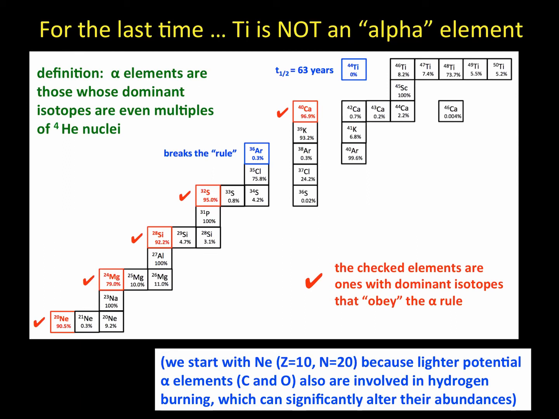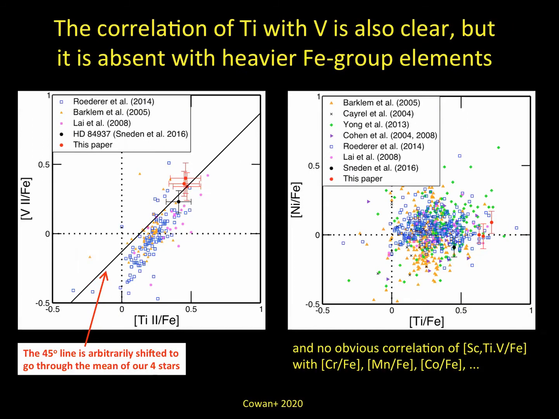Titanium is element 22. 2 times 22 is 44. It doesn't exist. Well, it exists for 63 years. The dominant titanium isotope is 48. Titanium is not an alpha element. The reason it was called that is that it's overabundant many times in metal poor stars, just like calcium is, just like sulfur and silicon are. So we all got lazy. Oops.